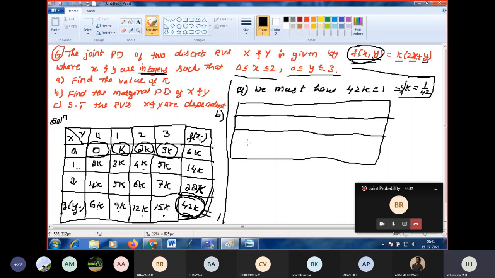Or you can reconstruct the table by substituting the k value. This is x and this is y. This is 0, 1, 2. And this is 0, 1, 2, 3.